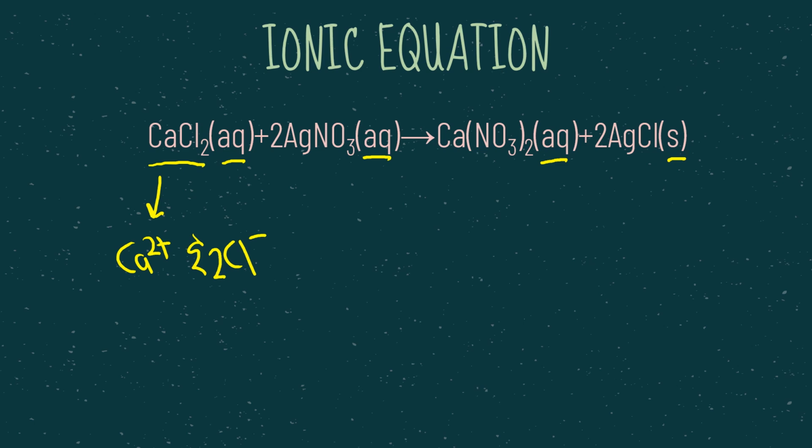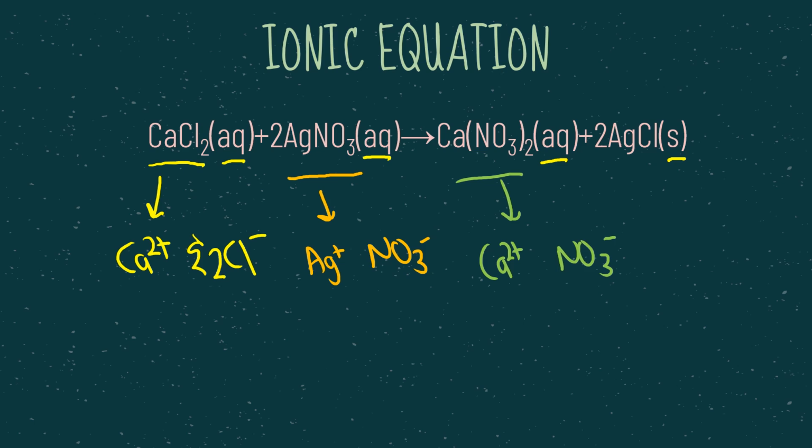For silver nitrate, we can break this down into Ag+ and NO3-. For calcium nitrate, we can break this down into Ca2+ and 2NO3-, and remember to place the 2 in front as well because of the 2 here.